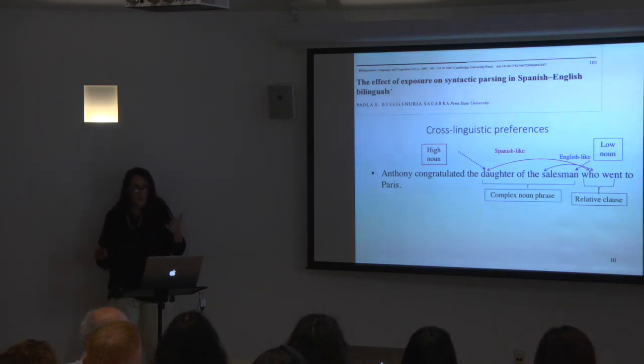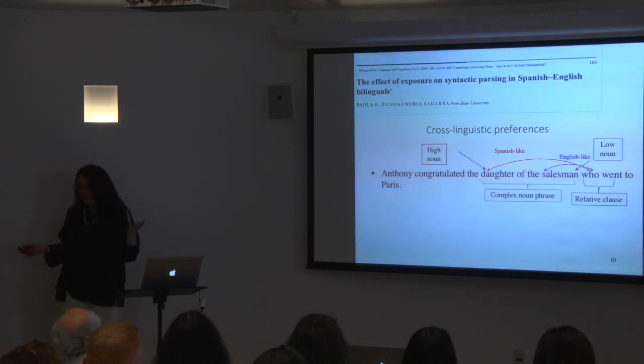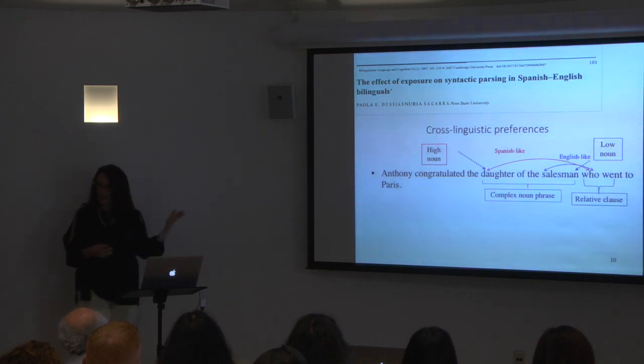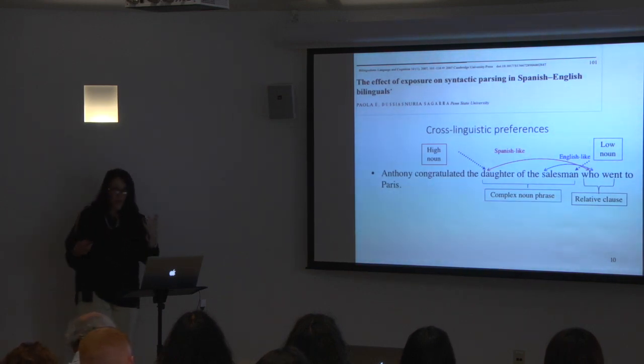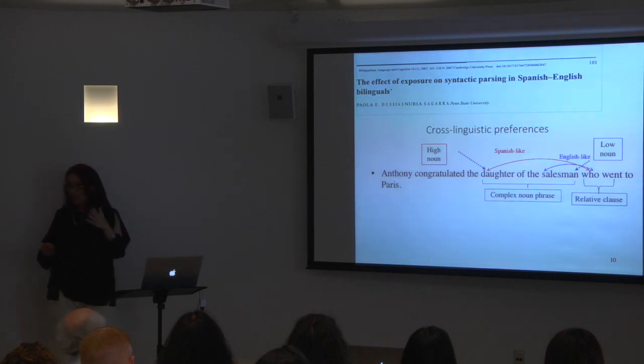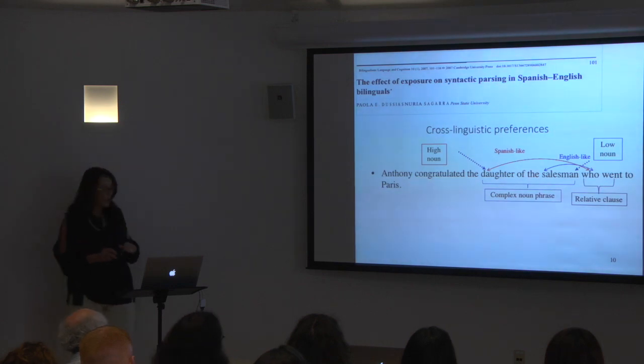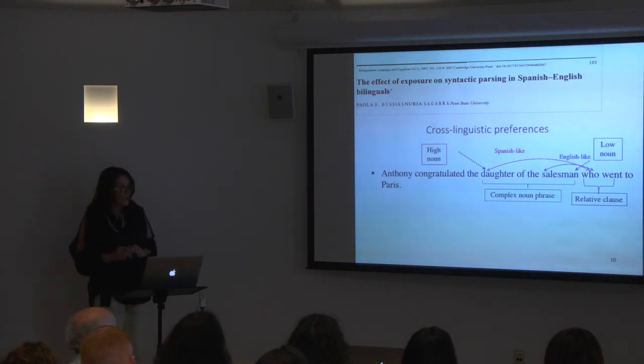So something that we really wanted to know was, how does a Spanish-English bilingual resolve this particular type of ambiguity in their first language? So if you are a second language speaker of English and you are very proficient in your second language, does that affect the way in which you process this equivalent sentence in Spanish? So that's the question of the first study.